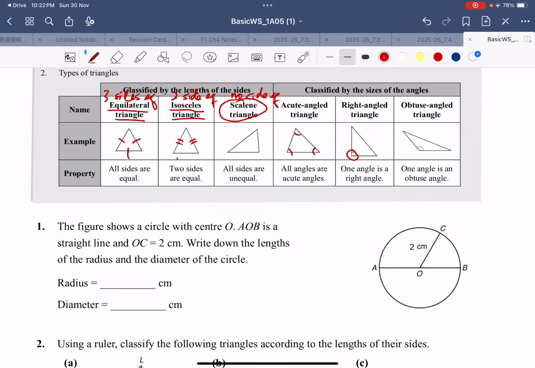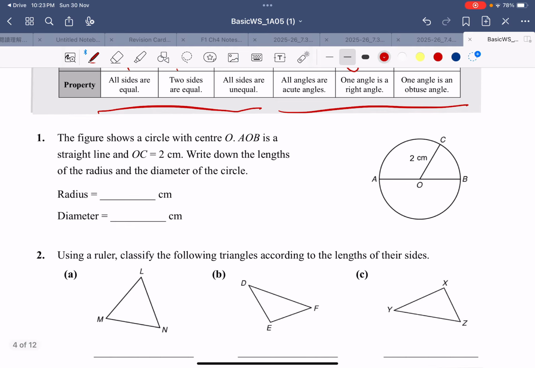And if you have one angle greater than a right angle and less than a straight angle, that's an obtuse angle triangle. So it is very simple to name these types of triangle according to the side lengths and the size of the angles.